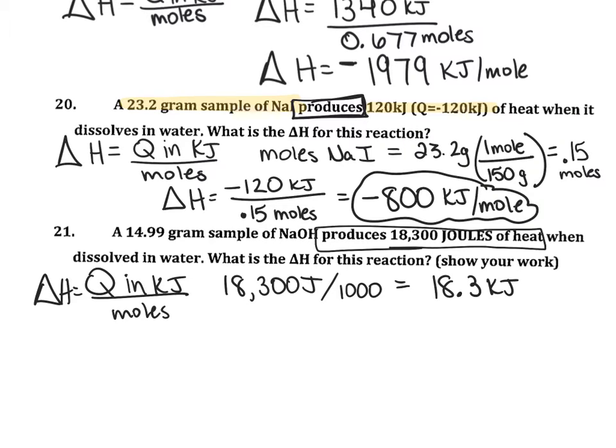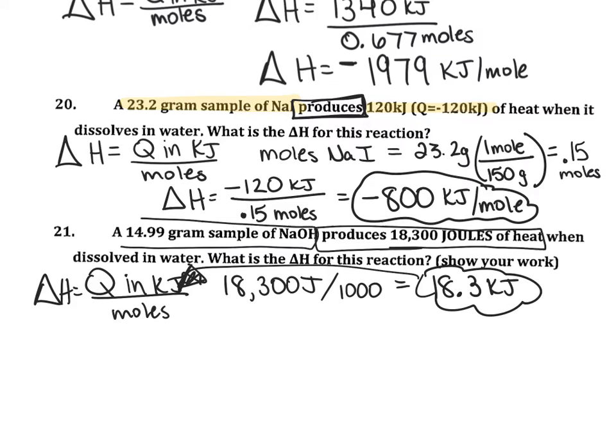Now I've got the top part of my equation so that I can solve for this. The next thing I'm going to notice is that I have grams of NaOH, so I need to convert my 14.99 grams of sodium hydroxide into moles of sodium hydroxide.